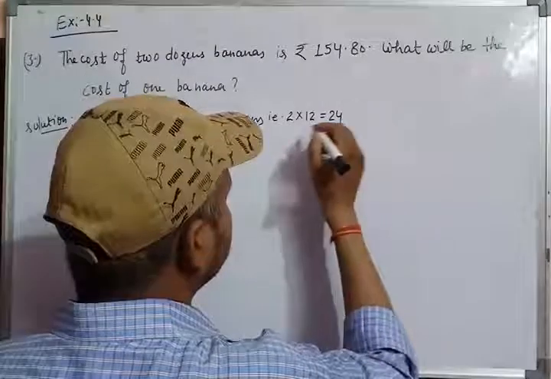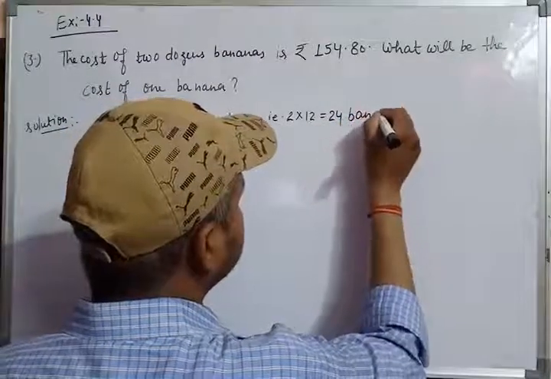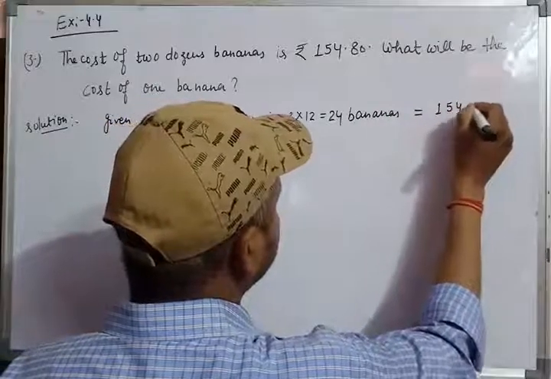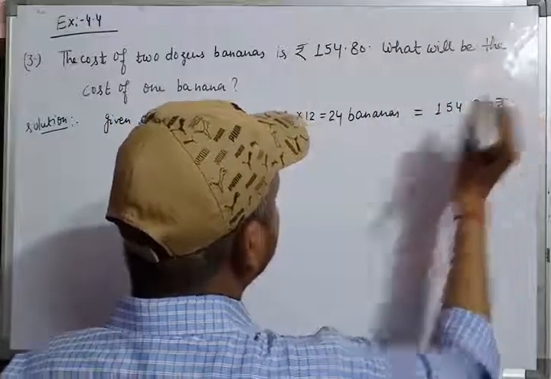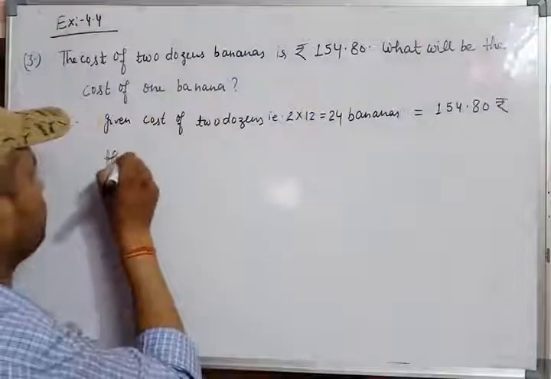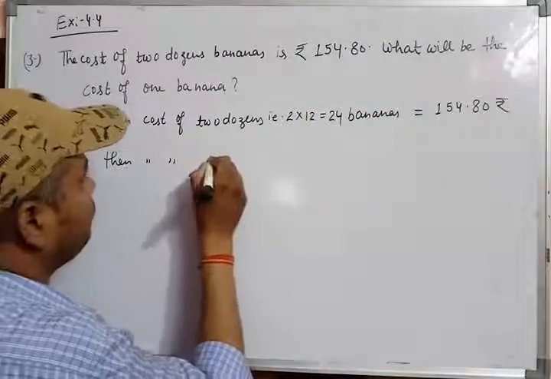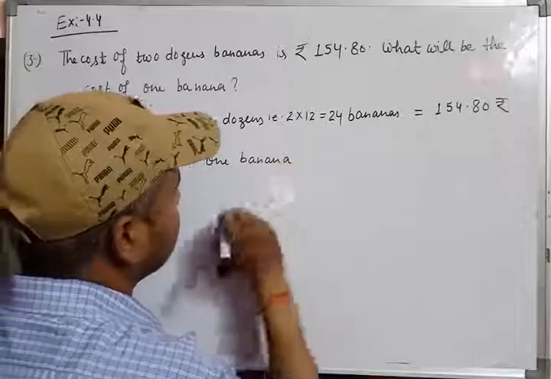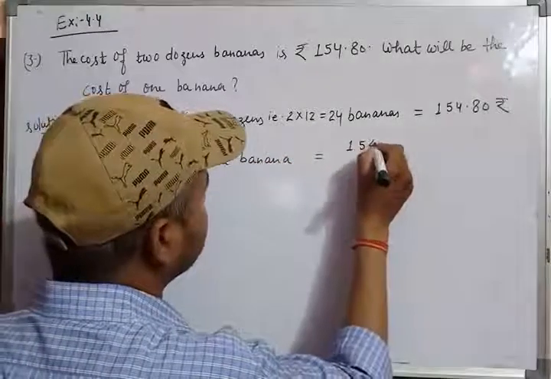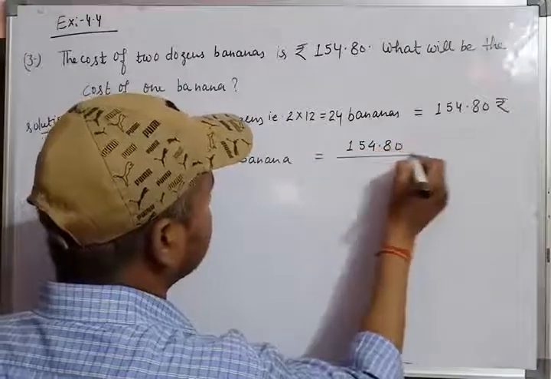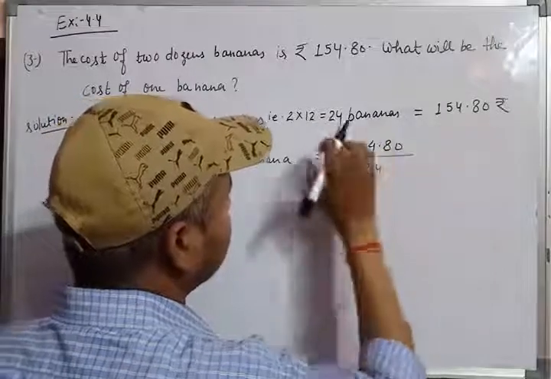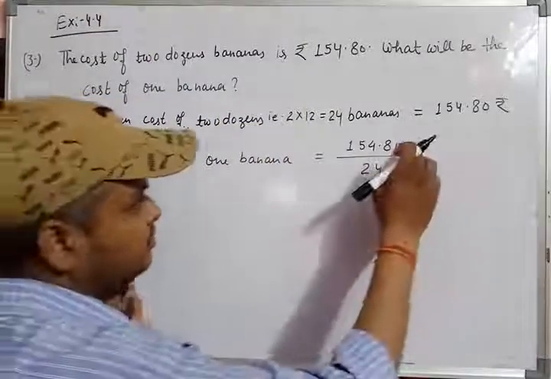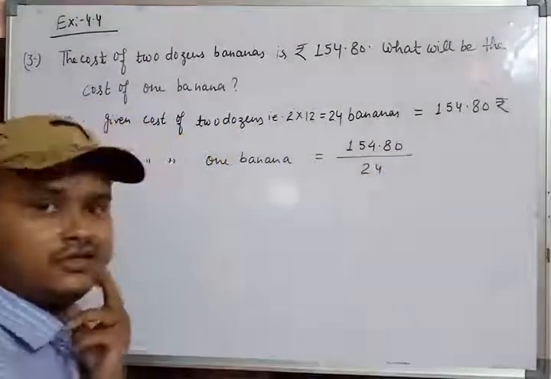Cost of 2 dozen, that is 24 bananas, is equal to 154.80 rupees. Then cost of 1 banana is equal to, you have to divide this by 24. Now students, this is an example of dividing a decimal number by a natural number.